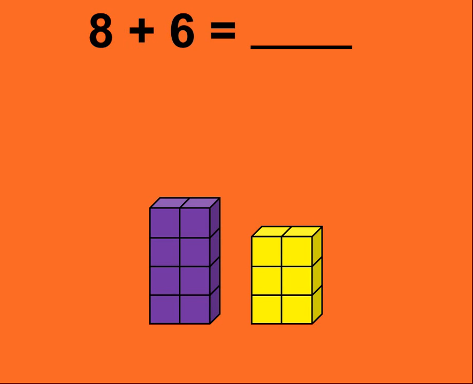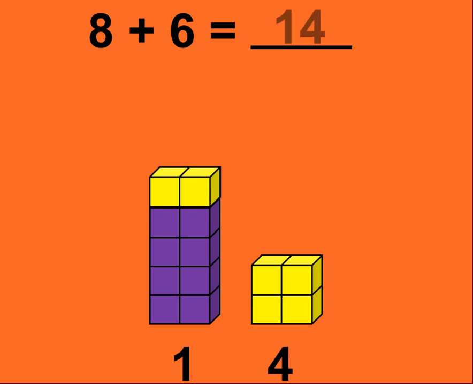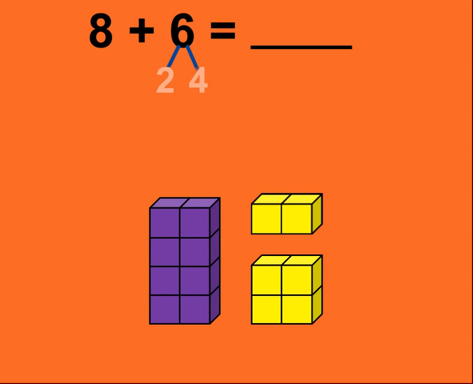For example, 8 plus 6 is 14. Let's look numerically at what the children are doing. First, they break the 6 into a 2 and a 4.